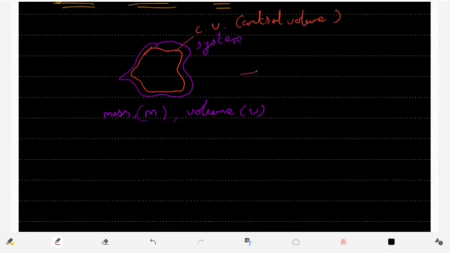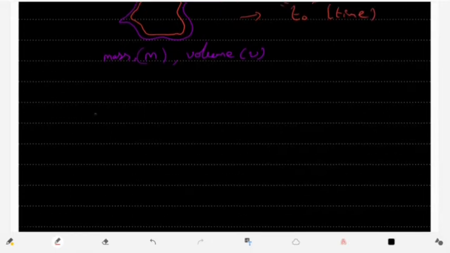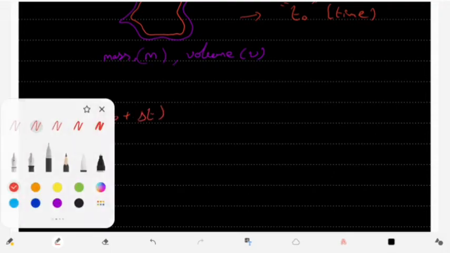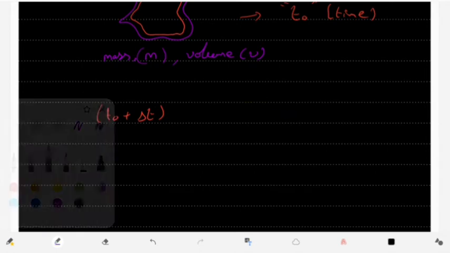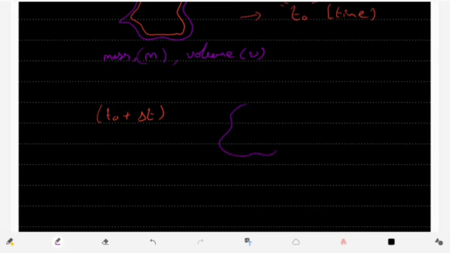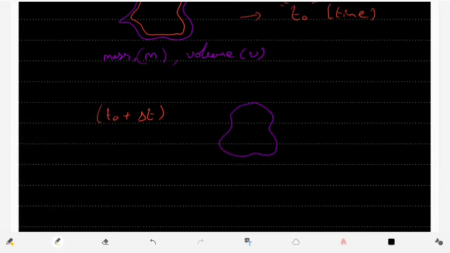Now let us consider the system is at time t0. If we move to some time which is t0 plus delta t, at this time the system will be in this condition. It is our initial system, and now the system moves to some part which is in this way.